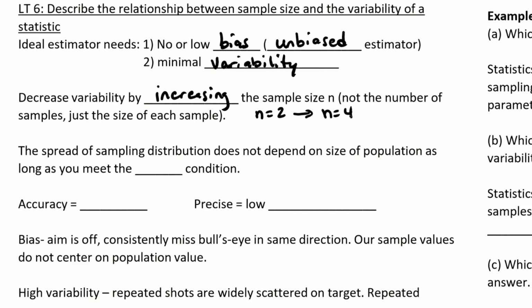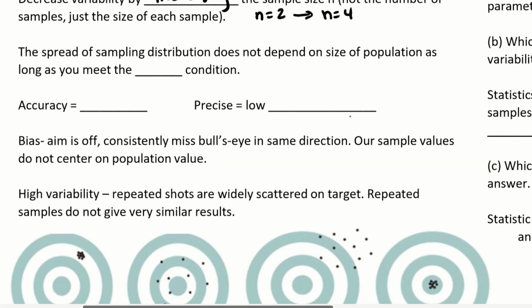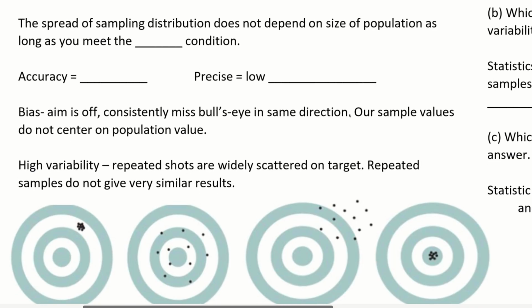So the spread of a sampling distribution does not depend on the size of the population, as long as you meet the 10% condition. Remember that the 10% condition means you want your sample size to be less than 10% of your population.